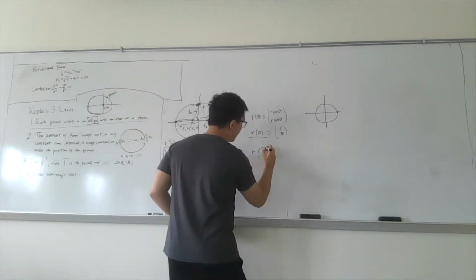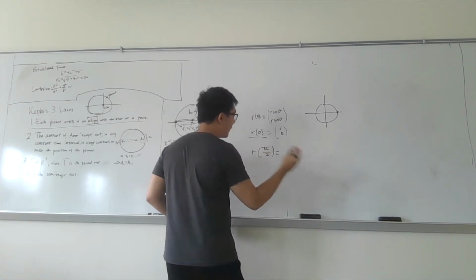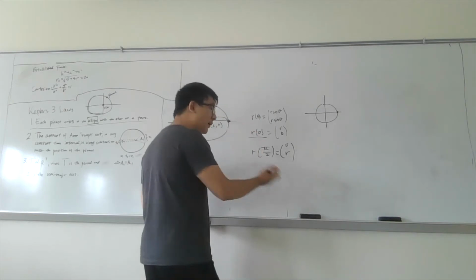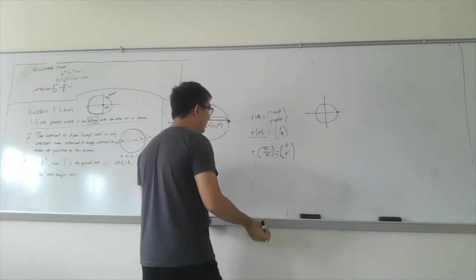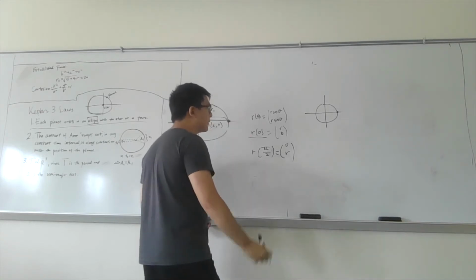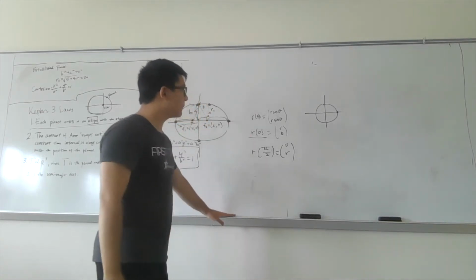Similarly, our parameterization at pi over 2 gives us 0, r, and the magnitude and direction of this corresponds to how far the circle stretches on the y-axis.